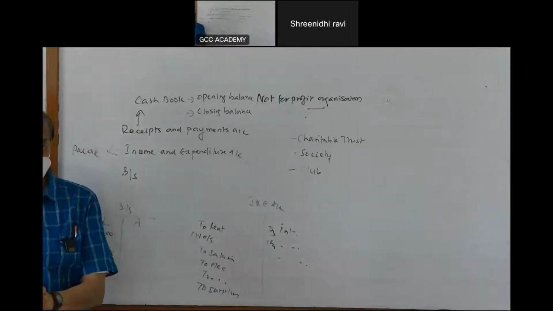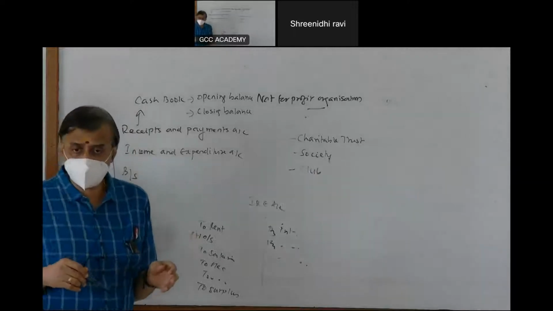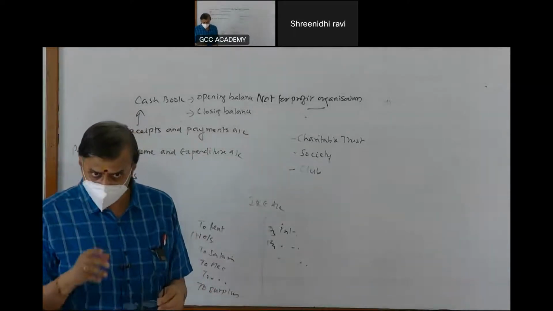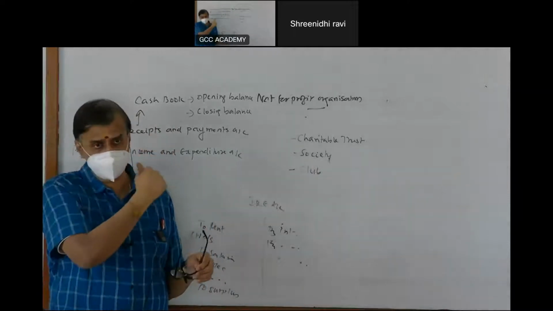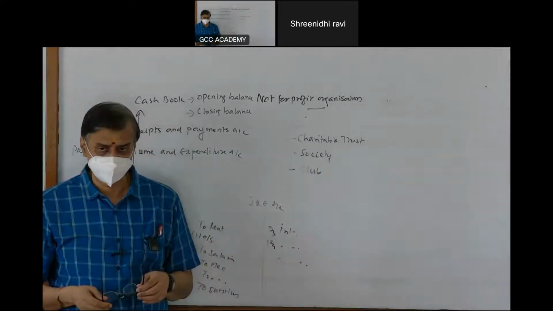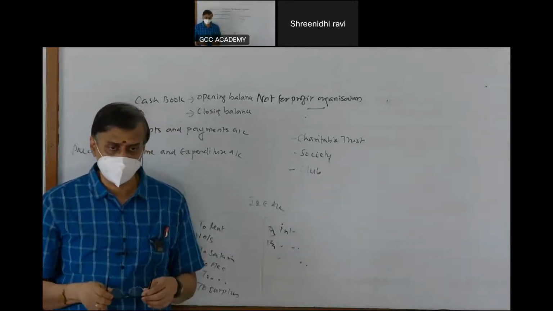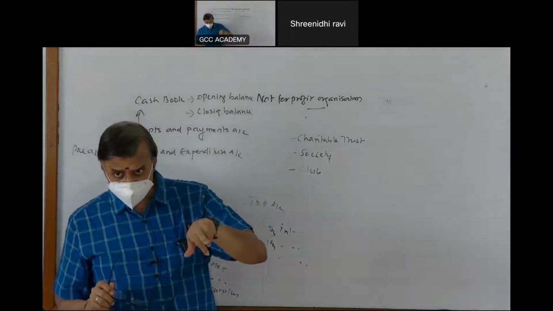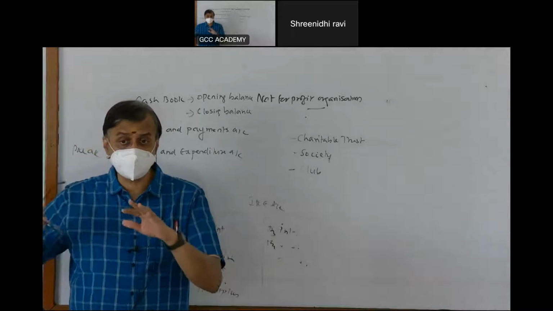And here, in a cash book or receipts and payments account, there is no distinction for the year. To give you an example, if you receive rent of next year in advance, you'll record it here. If you receive subscription for the next year also, you'll record it here. And if you're paying rent for next year in advance, you'll record it. So there's no question of the year to which it relates.